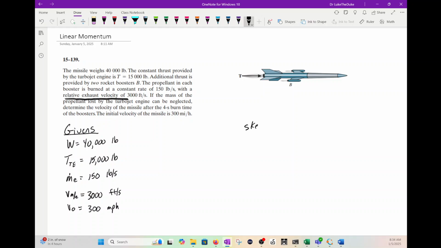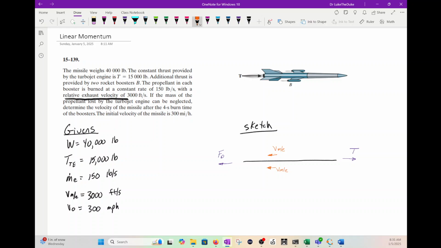We have a sketch here. I'm just going to draw the rocket here. Then we have thrust. We have drag force. And then we have these boosters which shoot out a relative velocity. And you have to use relative velocity in these, because this missile is moving to the right, but the exhaust velocity we're going to do based on the observer being on the missile.